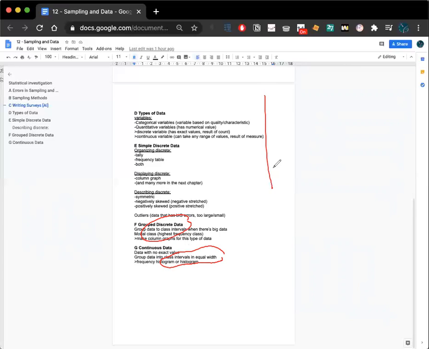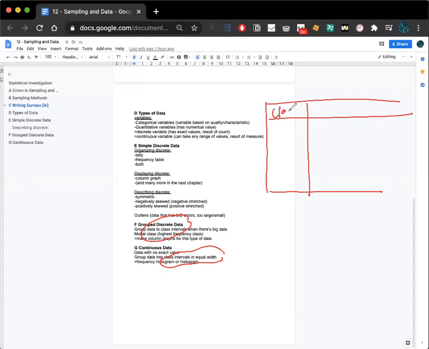So let's say that we have the data of a class. And the data of height in a class.